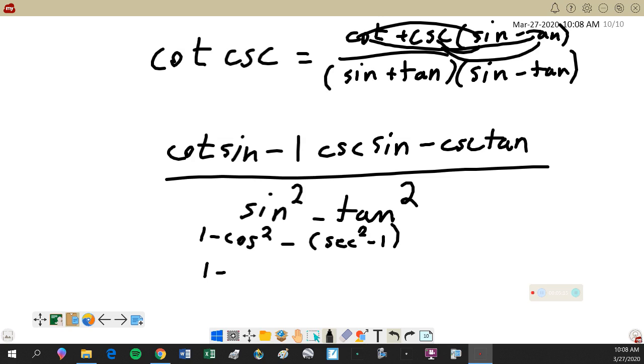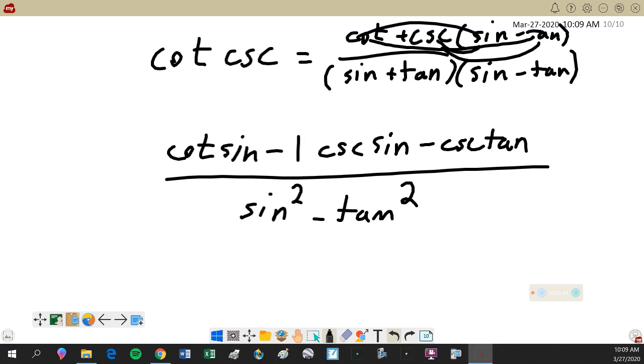So that becomes 1 minus cosine squared minus secant squared plus 1. Looks like I've made it worse. So that would be 2. Okay, that didn't work. Let's try something else.